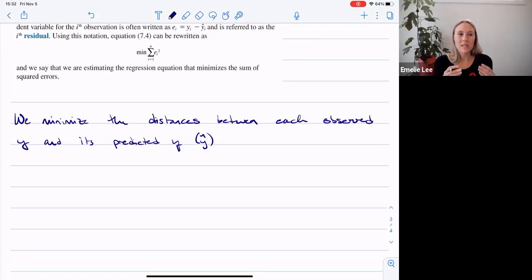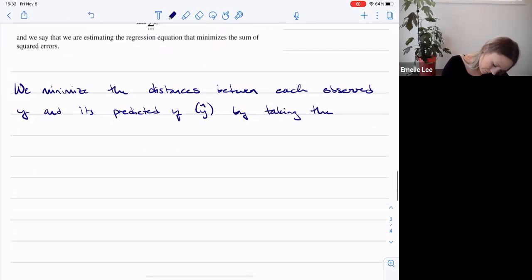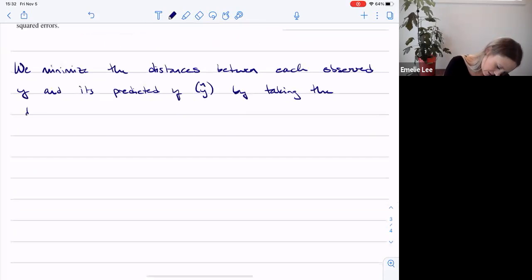So we minimize that distance by taking the difference and squaring it.